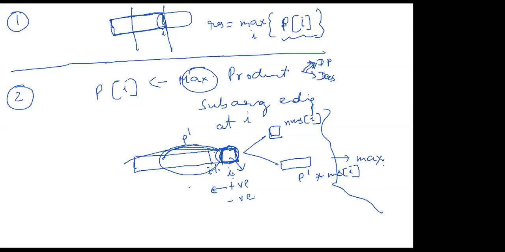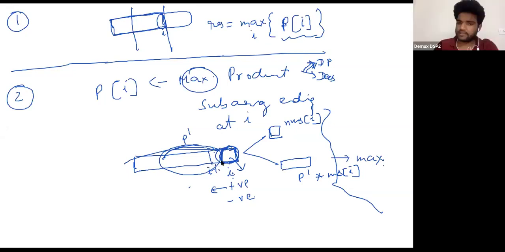Sir, is the P prime the product till that index? It is till I minus 1, including ending at I minus 1. It is the same as what we did in the previous question. In the previous question, we said that we could either have a subarray of length 1 or more than 1.